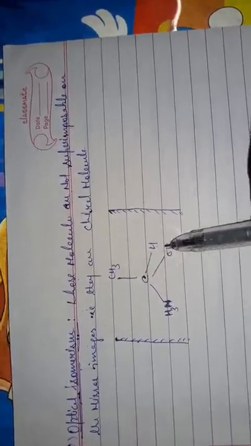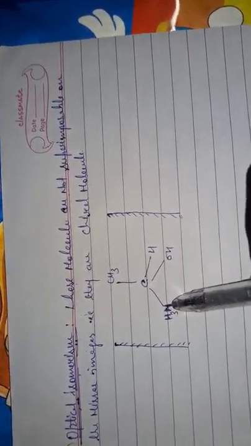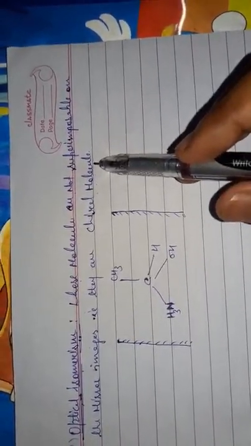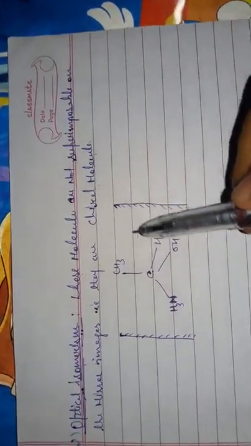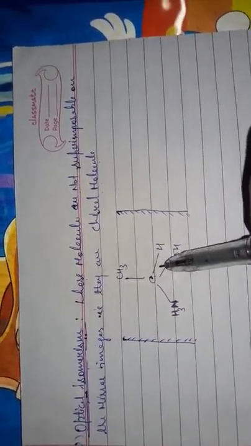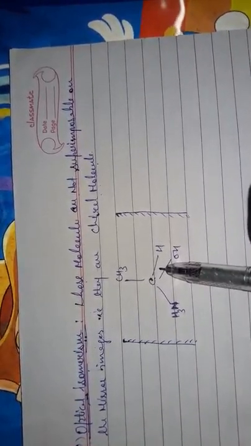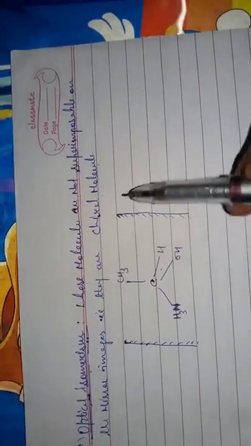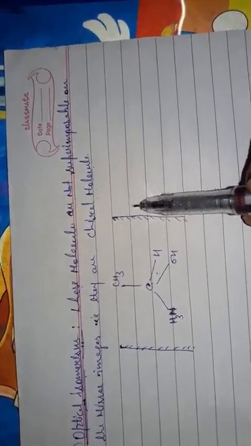I will take an example of chiral molecules. When a carbon atom is attached to different atoms or groups of atoms, it is called a chiral molecule. Under optical isomerism, the isomer which rotates the plane of polarized light to the right is called dextrorotatory.